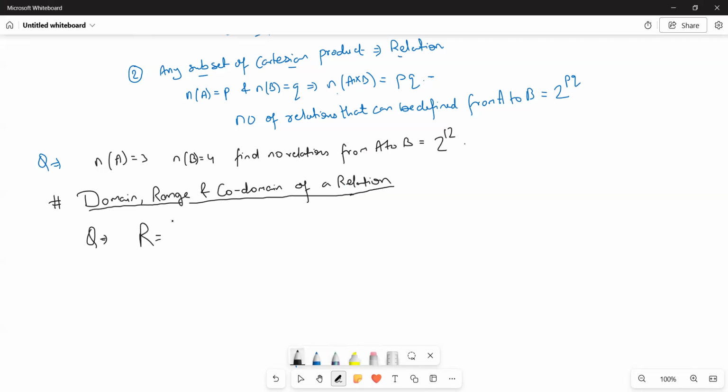So suppose we have a relation which is defined as it will have values of the form a comma b, where a belongs to the set of natural numbers, b belongs to the set of natural numbers, such that a plus 2b is equal to 13. Okay. Now, find the outcome of this relation.